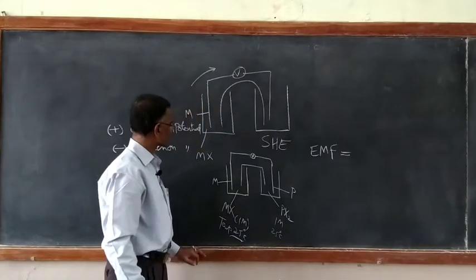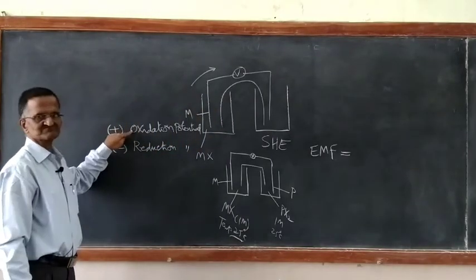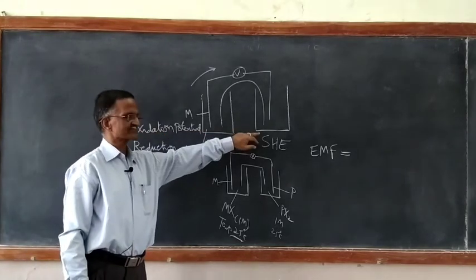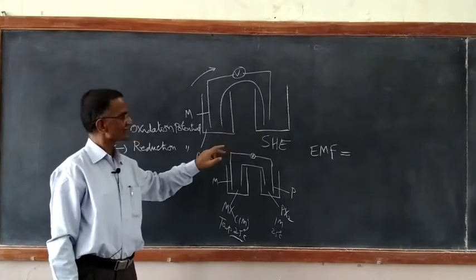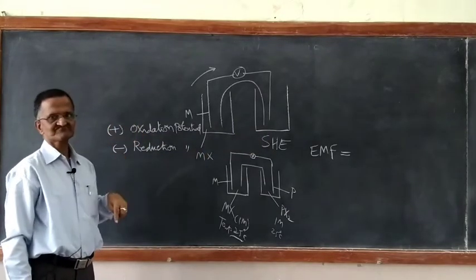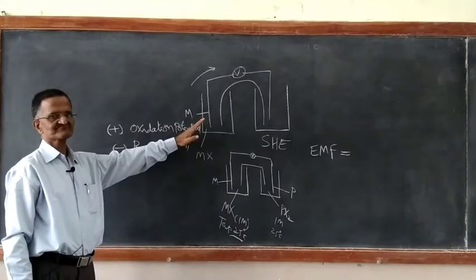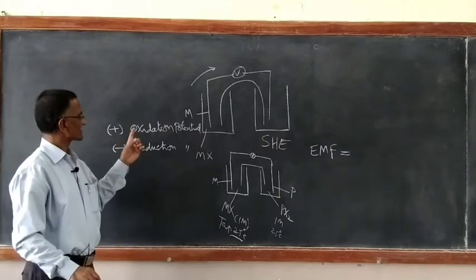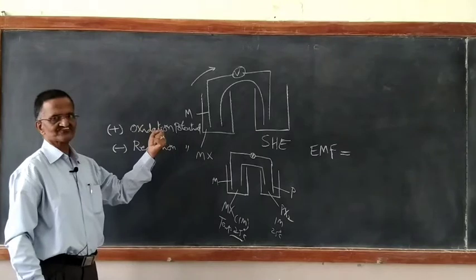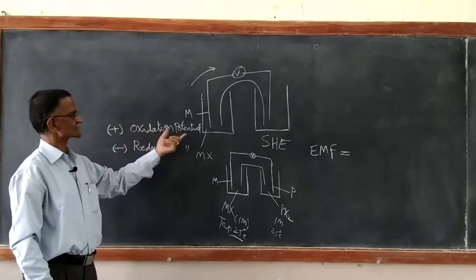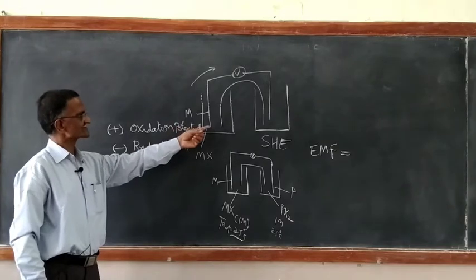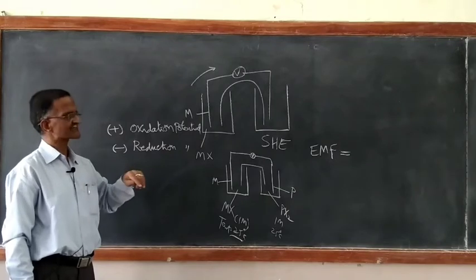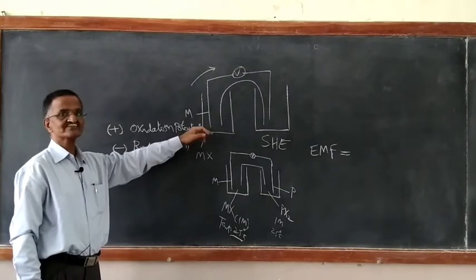It is very simple. If my metal is ready to undergo oxidation when connected to the standard hydrogen electrode, what is its ability to undergo reduction? This was undergoing oxidation, and that gave the voltage. That is the potential of that metal, which we call oxidation potential. Now, if I want reduction to take place at this end, what is that potential?